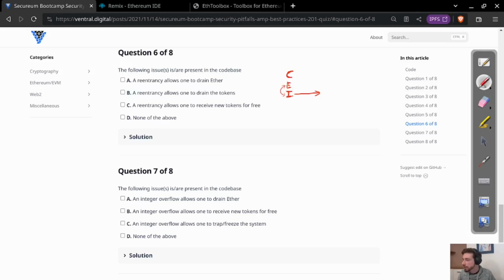Or if only some of the effects are applied and later more effects are applied. Either way, it's usually about exploiting the fact that a contract state hasn't been fully updated yet, and this half updated state is then exploited by someone else.